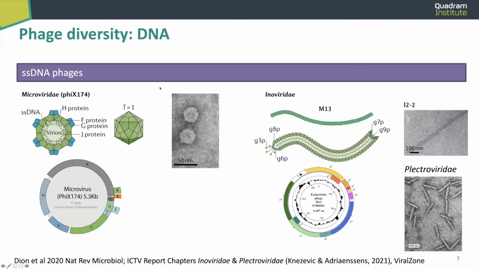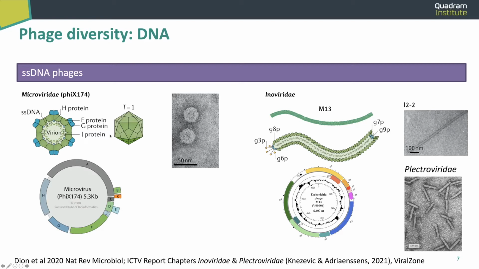Then there are the DNA phages. I'm going to start with the ones that are not commonly found, but that doesn't mean that they're not very interesting. Probably the most sequenced phage at the moment is PhiX174, because it has been used a lot as a spike-in for Illumina sequencing.